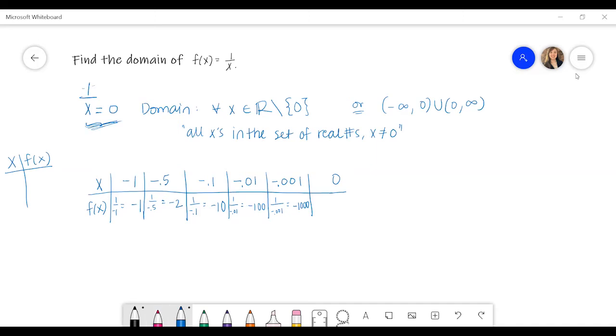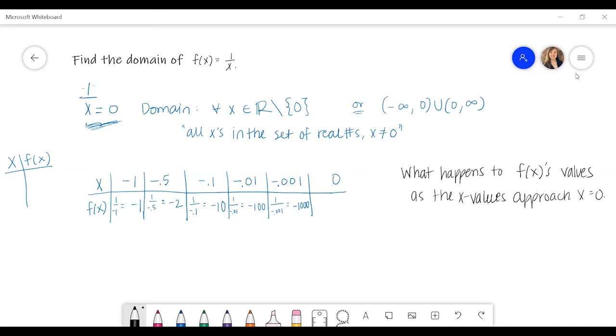I can't actually plug in 0, but what happens to f of x's values as the x values approach 0? A lot of times we just say x approaches 0.